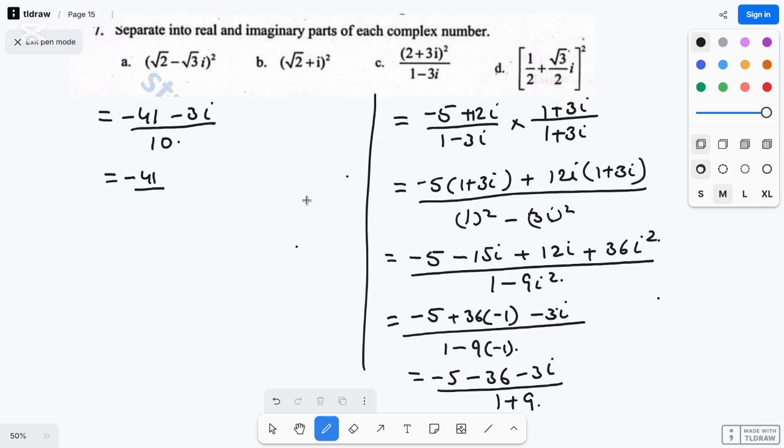To separate the real and imaginary parts, divide both by 10: -41 by 10 minus 3 by 10 iota, and the real part is -41 by 10 and the imaginary part is -3 by 10.